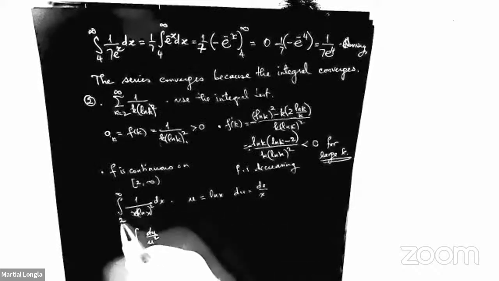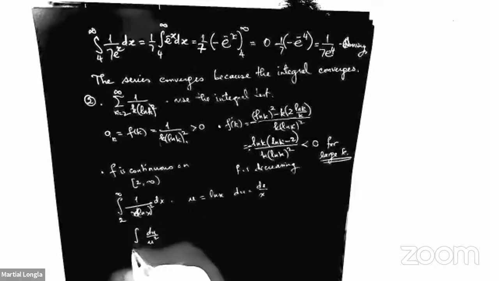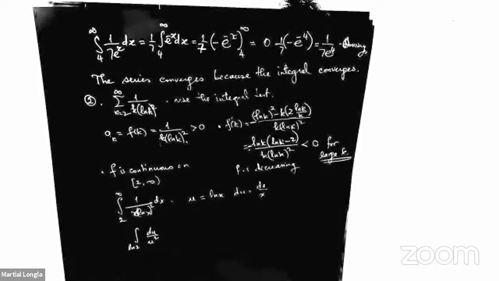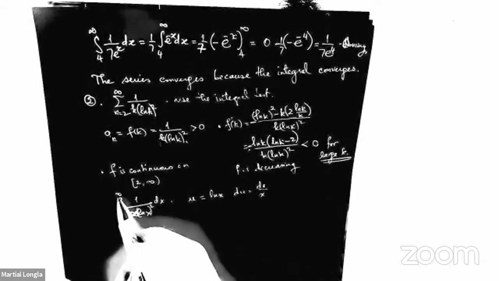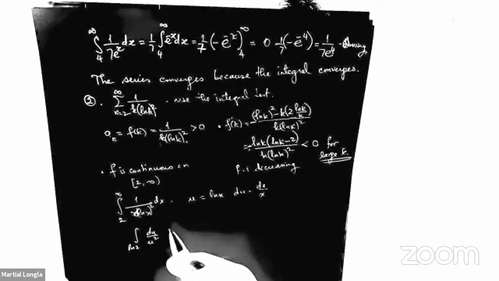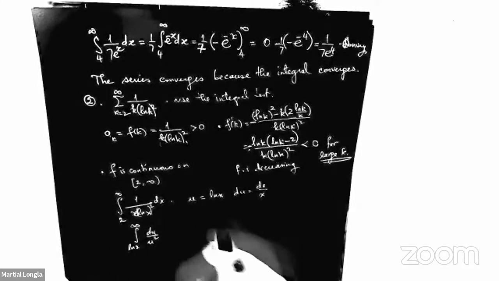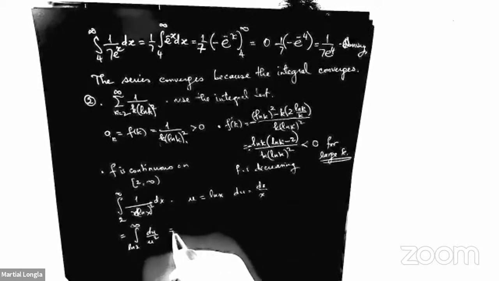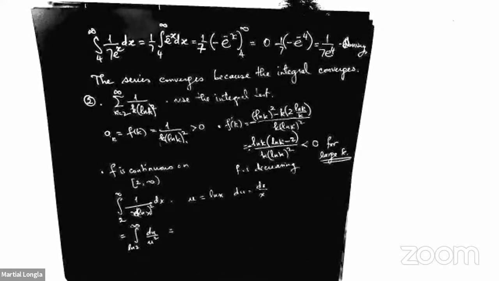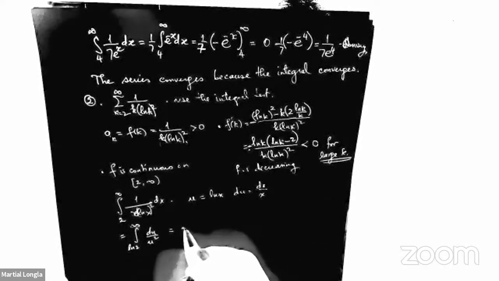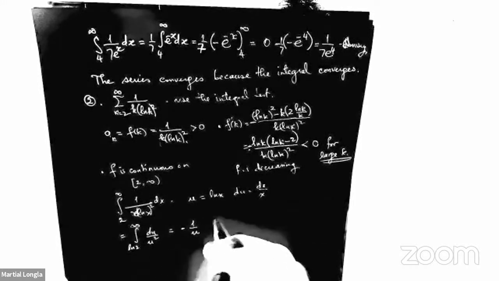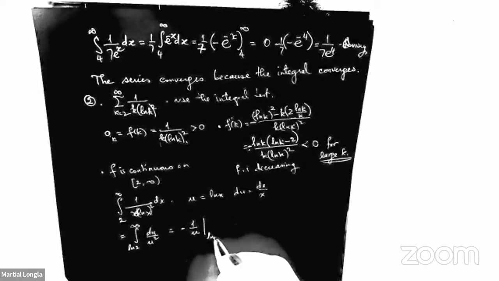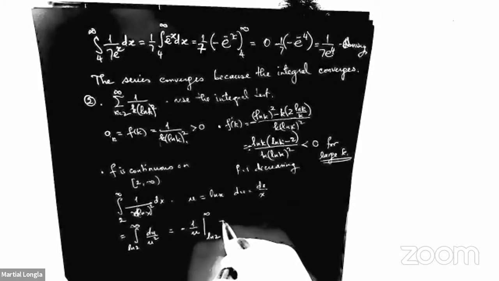When x is equal to 2, u is natural log of 2, so you change that. When x is infinity, natural log of infinity is infinity. The integral of 1 over u squared is minus 1 over u from natural log of 2 to infinity.